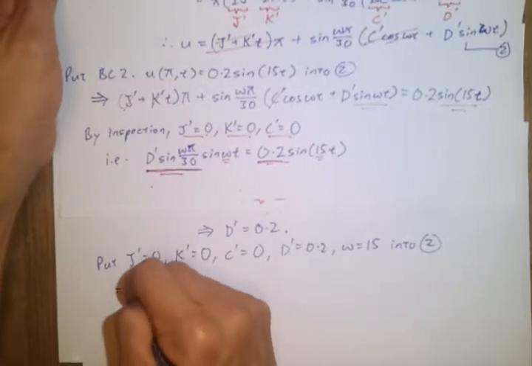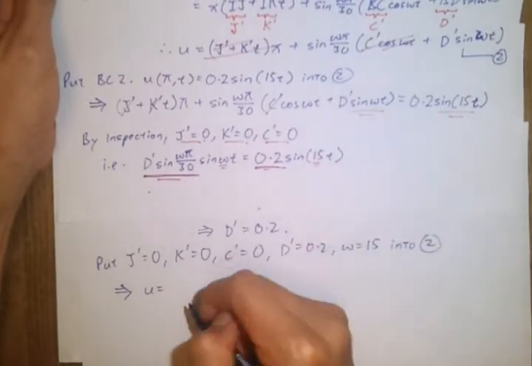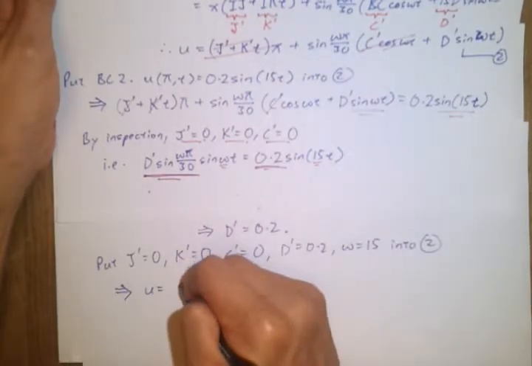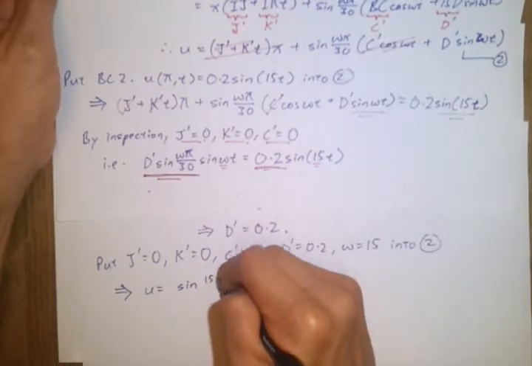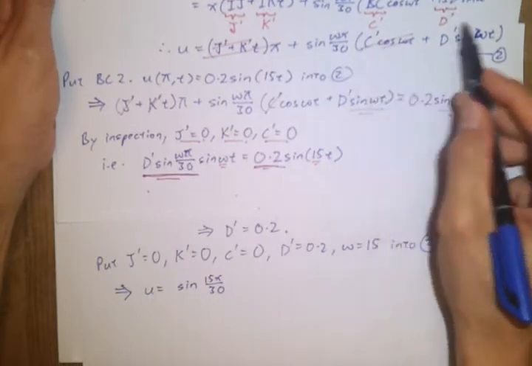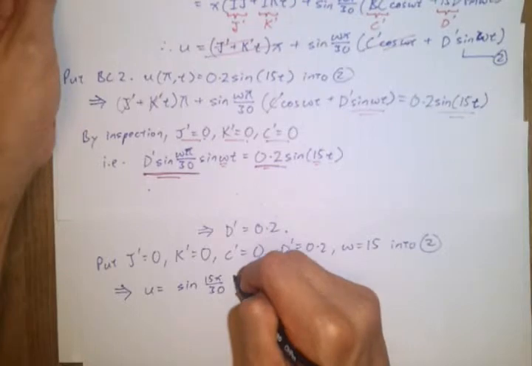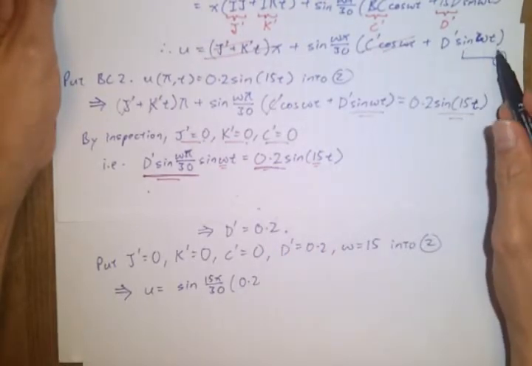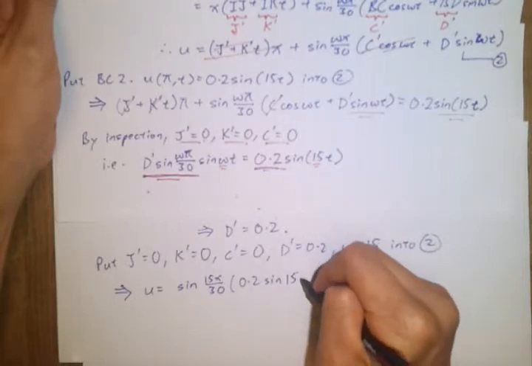And that will tell you that my u is just, so this term is gone, it's a sine, omega is 15, so it's 15x over 30. c prime is 0, is gone, so times d prime 0.2 sine omega t, which is sine 15t.